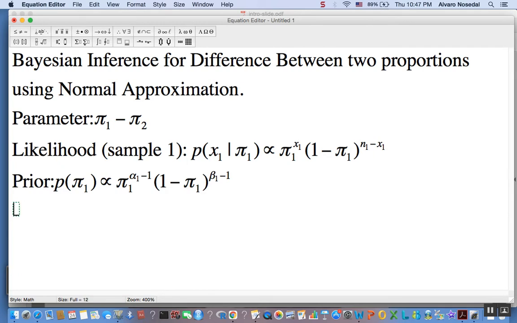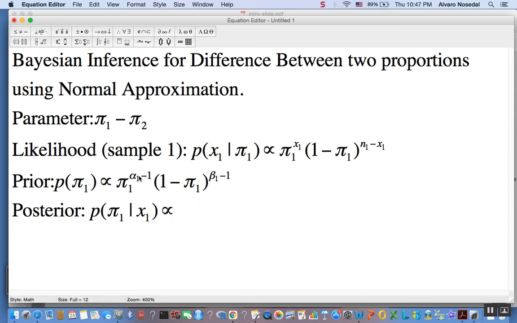Finally, the posterior is going to be a conditional probability distribution, the probability of pi 1 given our sample. We know that it is proportional to the product of prior times likelihood.